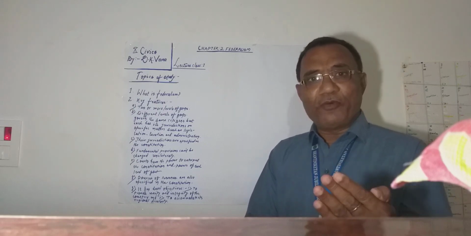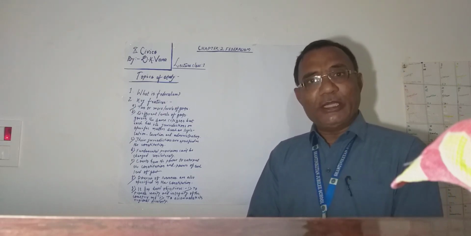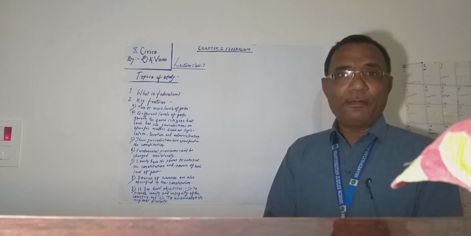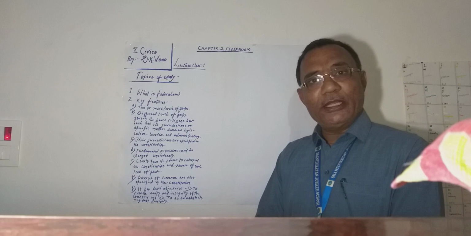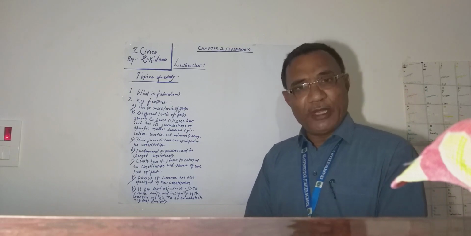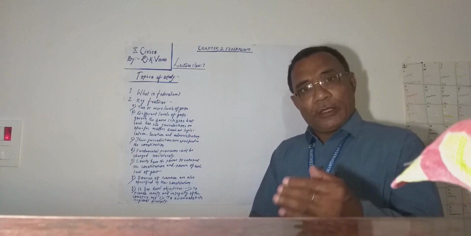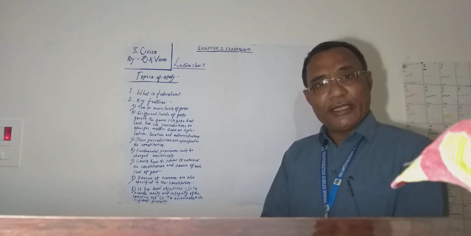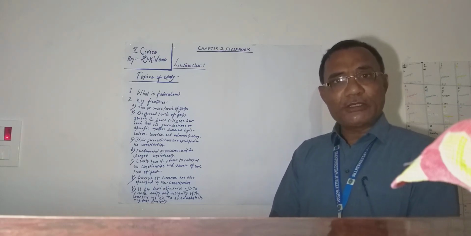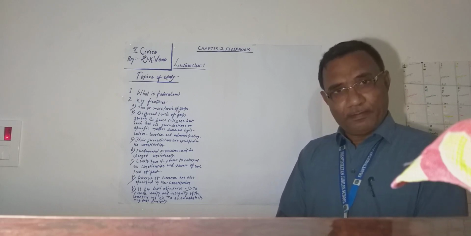So, this type of government that is nominated by the central government has to work as per the guidelines and instructions of the central government. These provincial governments in England get their resources and powers from the central government.